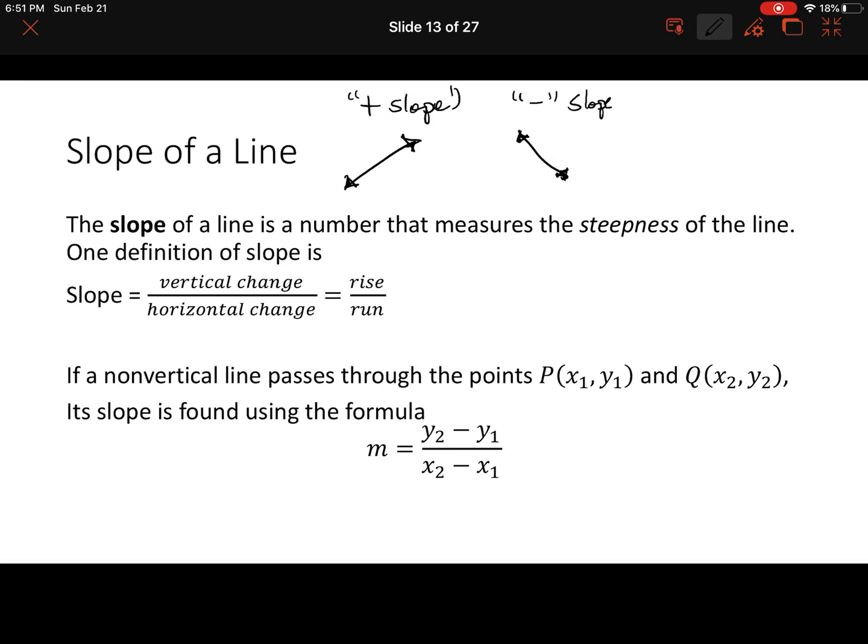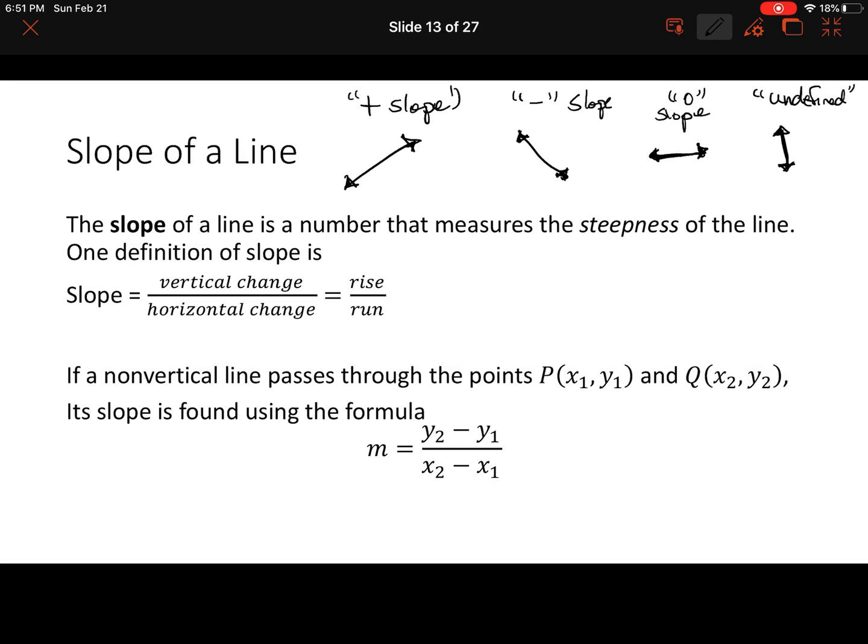You have the zero slope when you have a horizontal line. And you have the undefined slope when you have a vertical line.